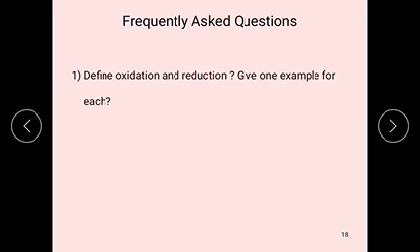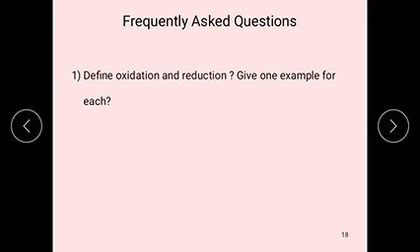Example, sodium, Na: whenever it loses one electron, it converts to sodium plus ion. In this kind of oxidation reaction, if an element loses an electron, it forms cations. Mainly in metal ions, the oxidation number increases from 0 to a positive value.